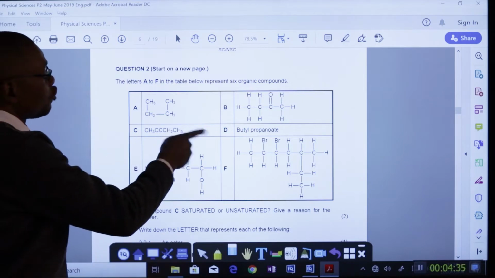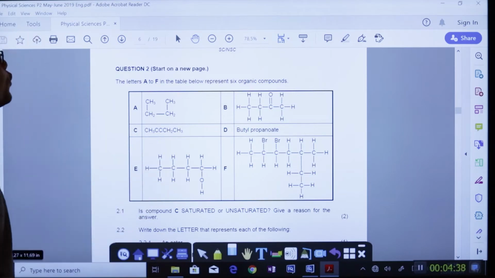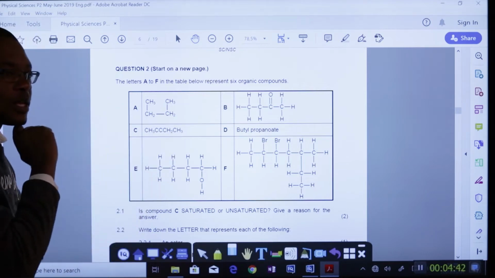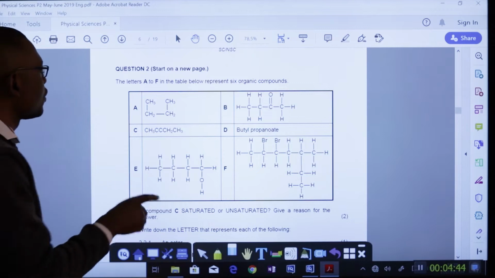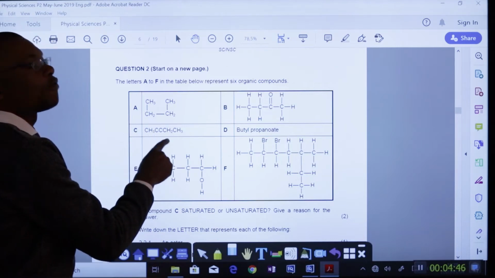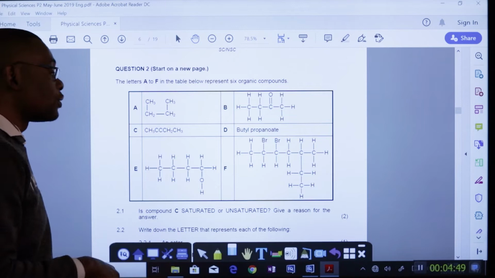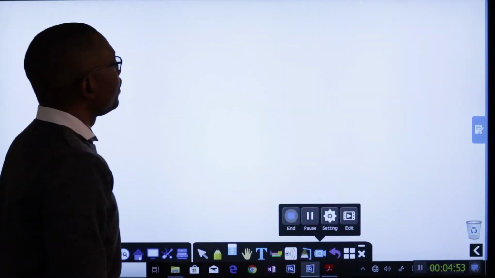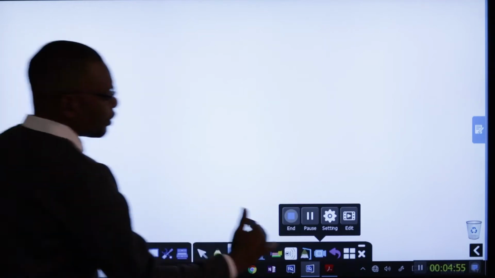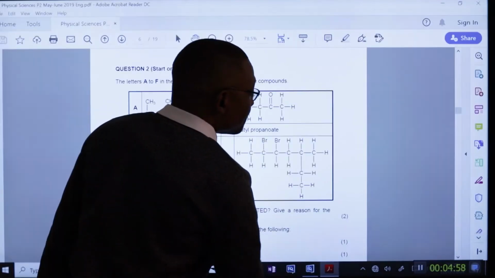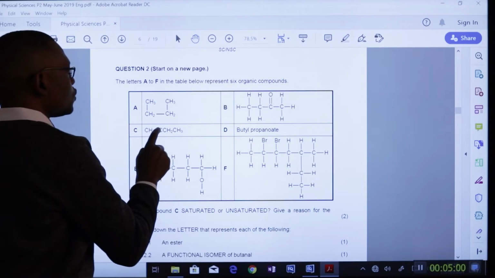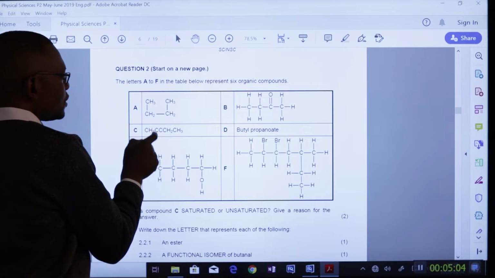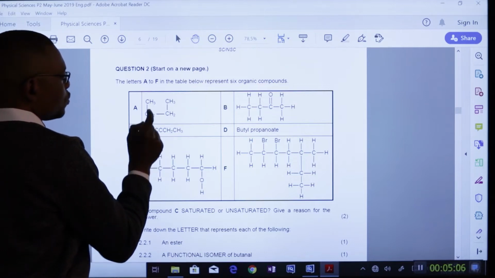This is a straight chain carbon, but they gave you this deliberately so that you show an understanding of the sequence of arrangement of the carbons and how they are bonded. Here it's a chain of 1, 2, 3, 4, 5 carbons.